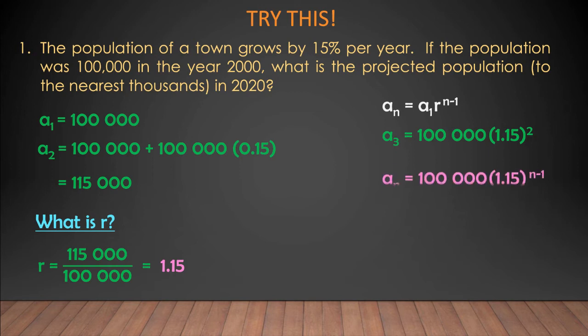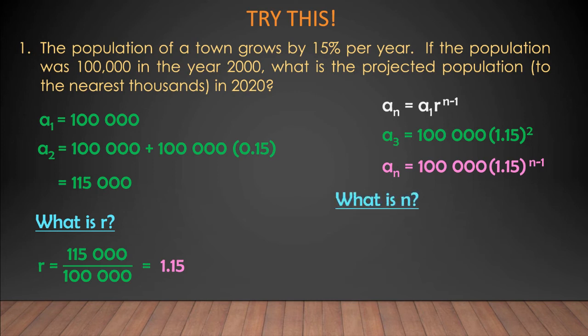Therefore, we will have A sub n equals 100,000 times 1.15 raised to n minus 1. Now, what is this n? Our n here will be equal to 21.